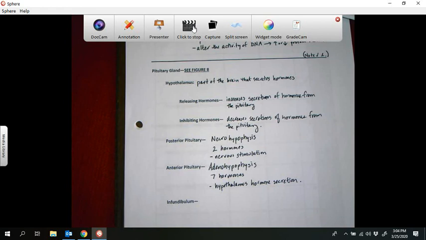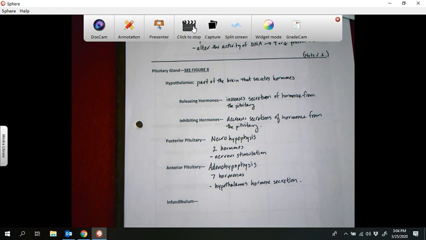And an example of this would be the hypothalamus can secrete growth hormone releasing hormone, and that is going to cause the anterior pituitary to release growth hormone to the body.